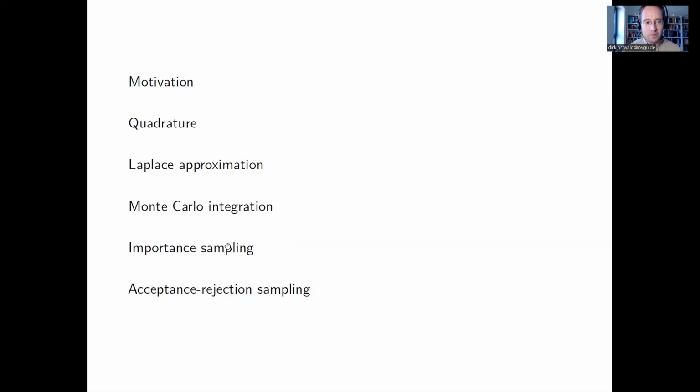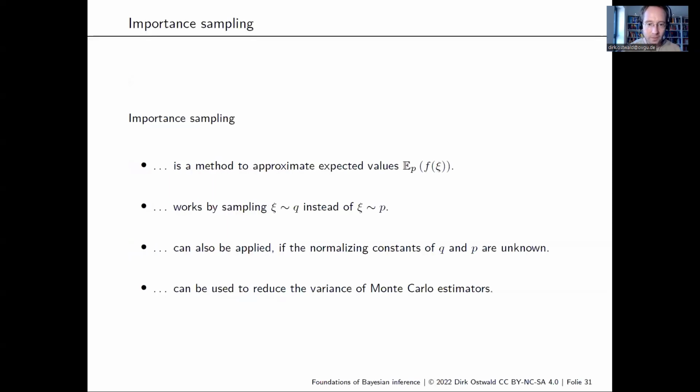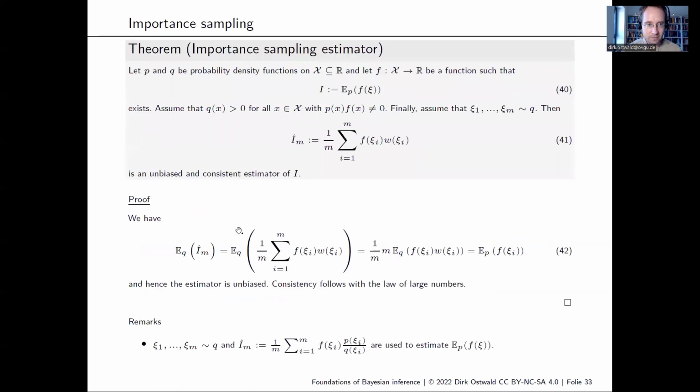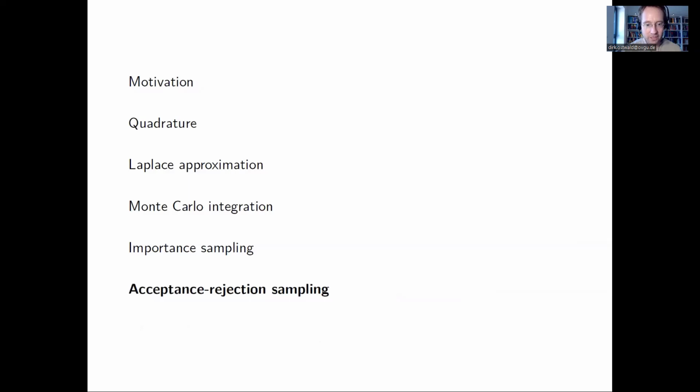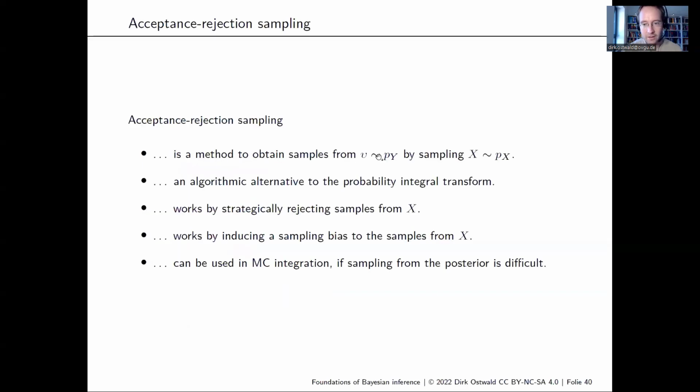And even if you cannot really generate random numbers from that, there are different sampling methods, specifically acceptance rejection sampling, which is one of the core methods to create samples from some distribution if you don't have a random number generator, but you know how this distribution looks.